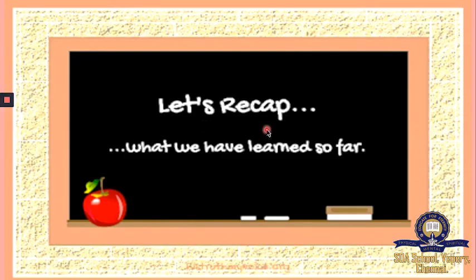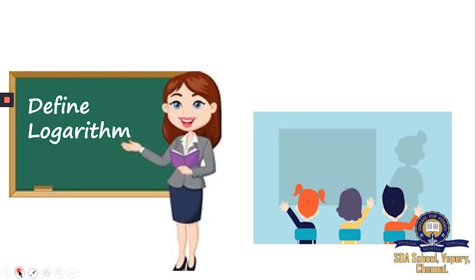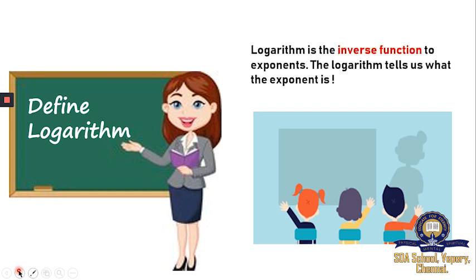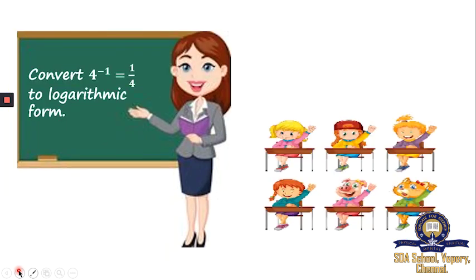So let's recap what we have learned so far. So define logarithm. Yes, very good. Logarithm is the inverse function to exponents. Logarithm tells us what the exponent is. So the notation of logarithm is log x to the base a. Convert 4 power minus 1 equals 1 by 4 to logarithmic form.